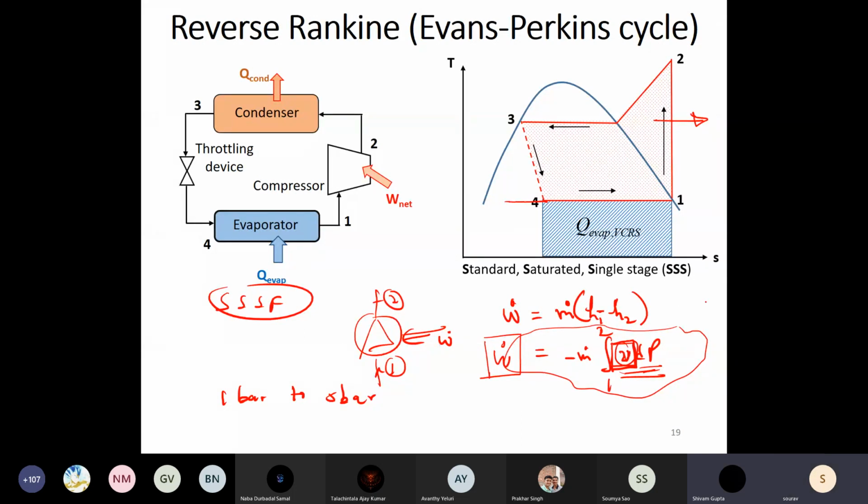But for a refrigeration cycle, the opposite is true. If you keep this line as far as possible from this dome, you will have very large V's, but then you will incur a lot of work. So you want to place it as close to the dome as possible, but still keep the compressor safe. If you push it to this point, you would incur less work. If you had it here, a little bit more work.